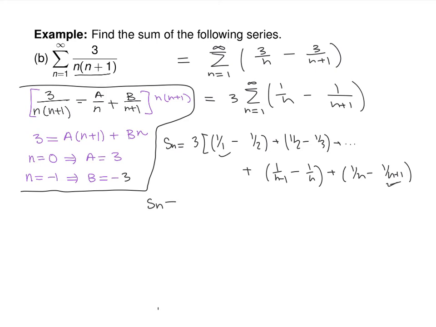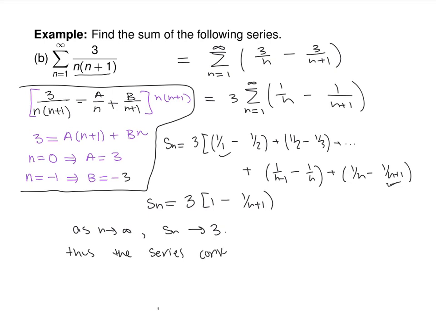So Sn will equal 3 times 1 minus 1 over n plus 1. And so as n goes to infinity, Sn approaches 3. And so thus the overall series converges to 3.